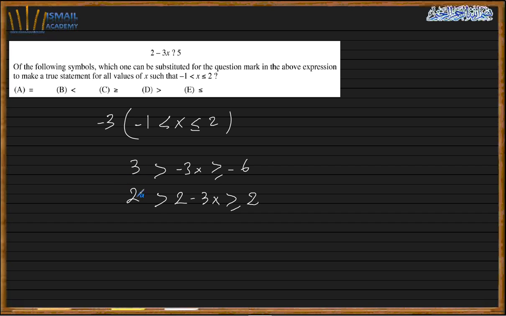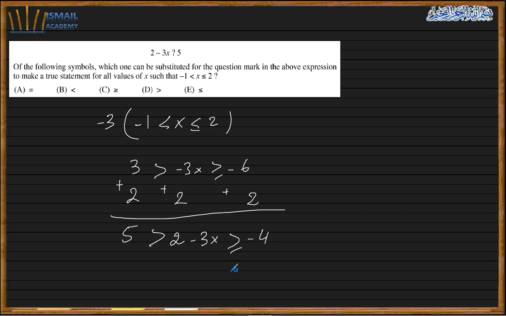Yeah, so normally I should do it this way. I shouldn't put this. I just need to add 2 on all the terms. I just wanted to go fast, which I shouldn't. So here I will have 5 is greater than 2 minus 3x, which is greater than minus 4.